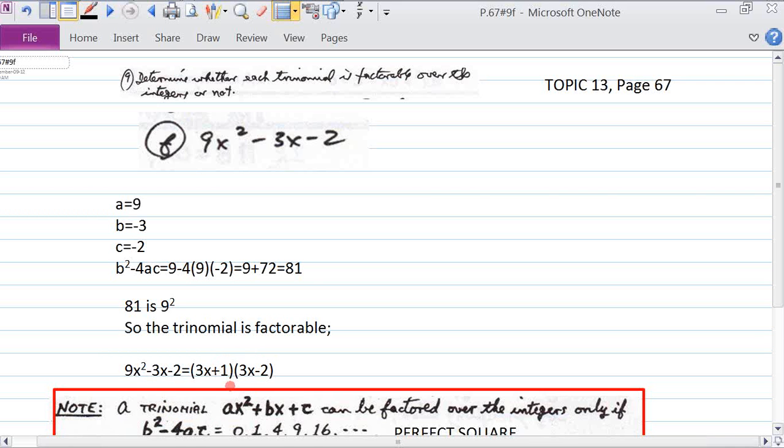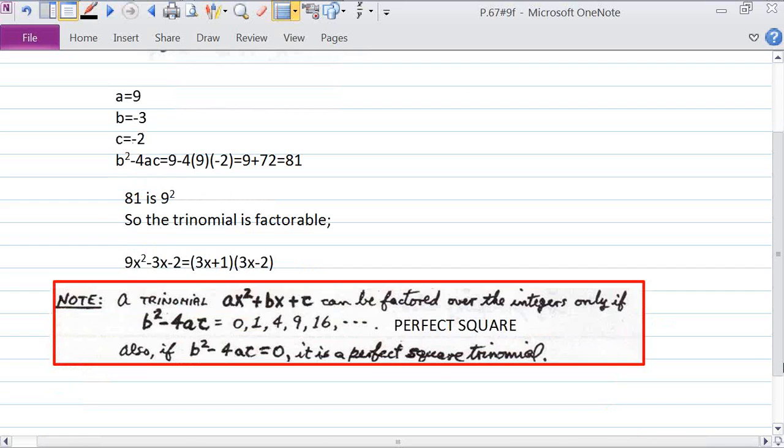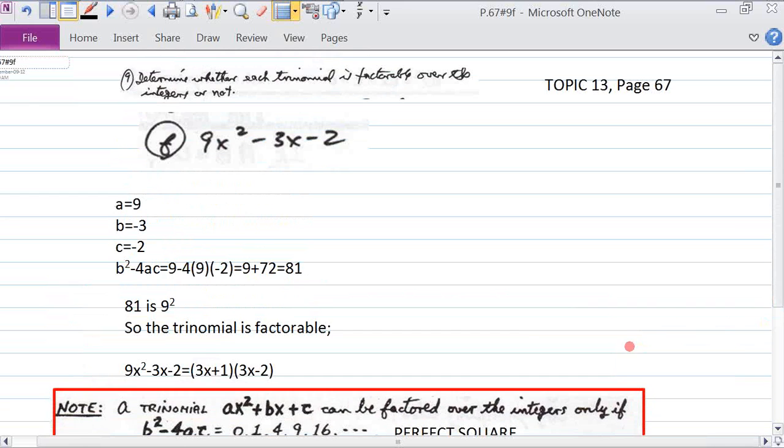So here we can factor this using this is an integer, this is an integer, this is an integer, and that's an integer. And that's what b squared minus 4ac tells me. So this completes page 67.